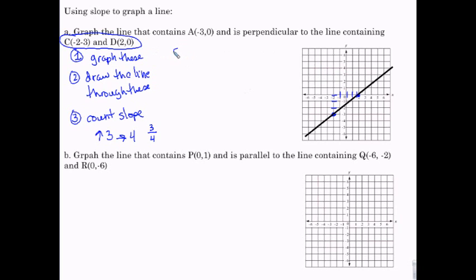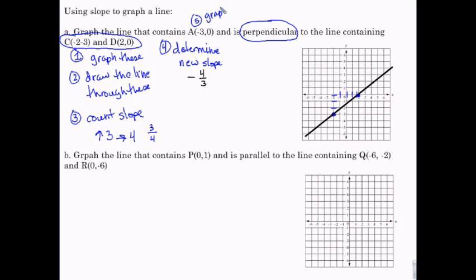Then determine the new slope. Well, I want perpendicular. So my new slope is going to be -4/3. So far, you guys following me? So that's 4th.